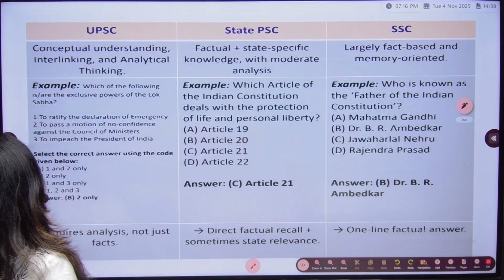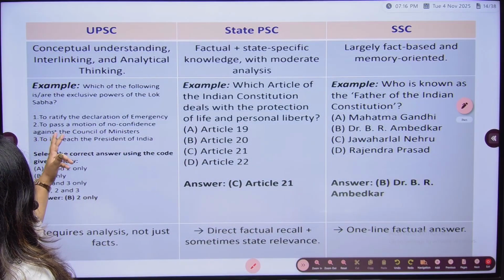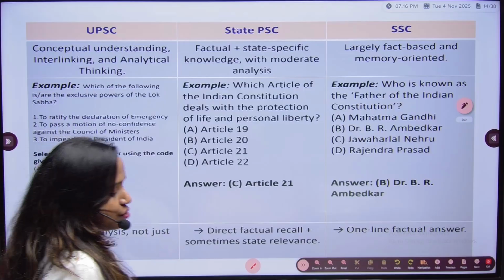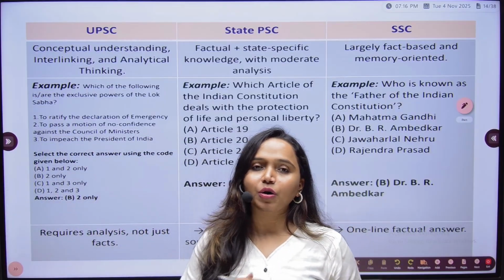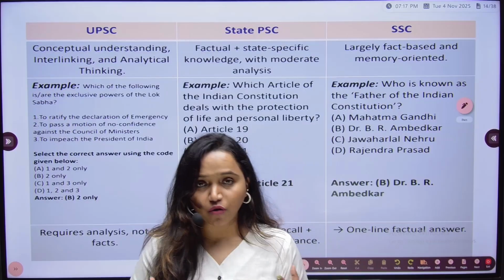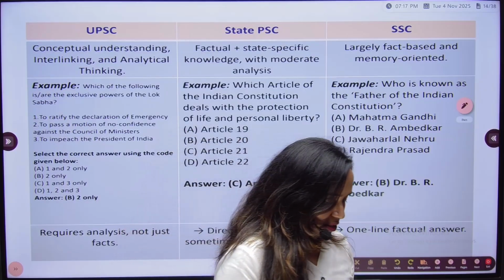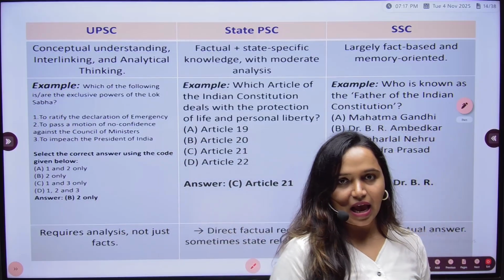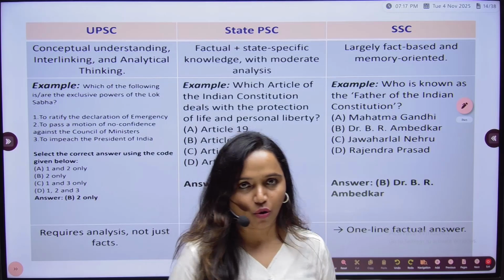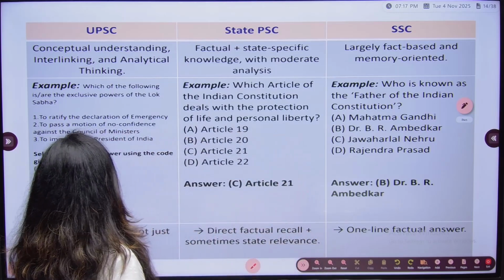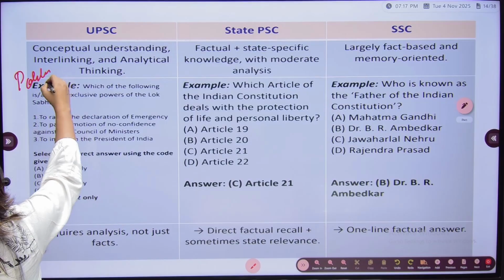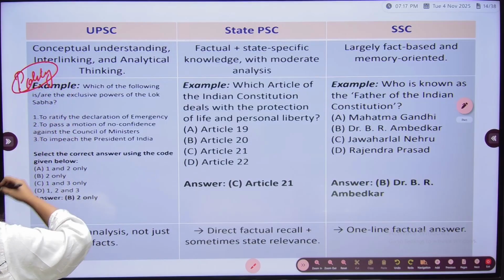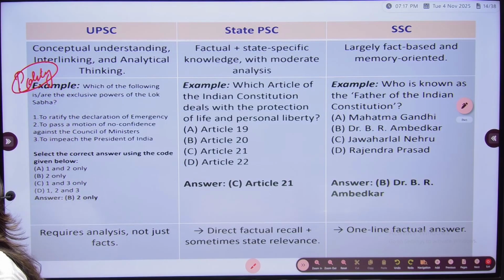So here we have taken different levels of MCQs to show you how our course is focusing on building a very strong foundation, and why it is important to know the basic as well as advanced of any topic. I have taken polity as a subject, and I have tried to understand three levels of question. The first one is a UPSC level question.